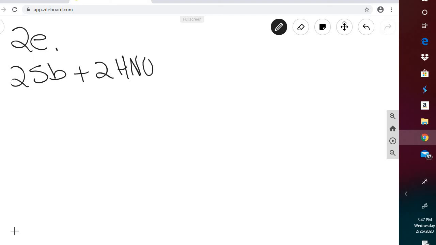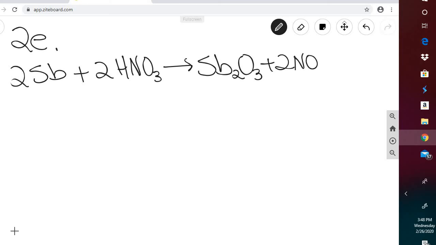Okay, 2E. Okay, so Sb is an element. It's antimony, and because it's an element, its charge is 0.